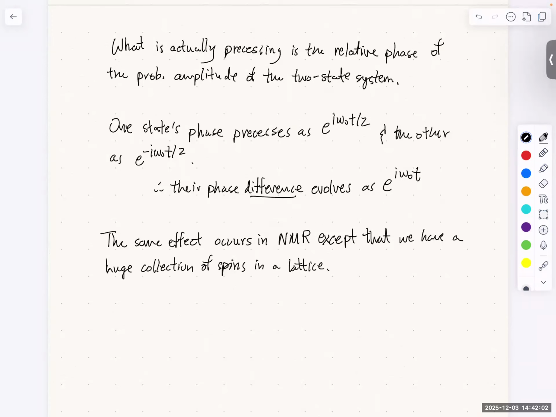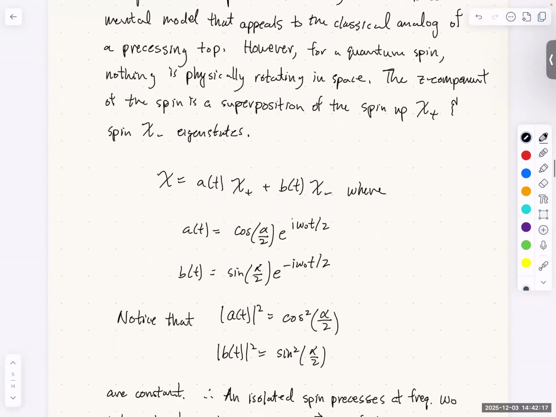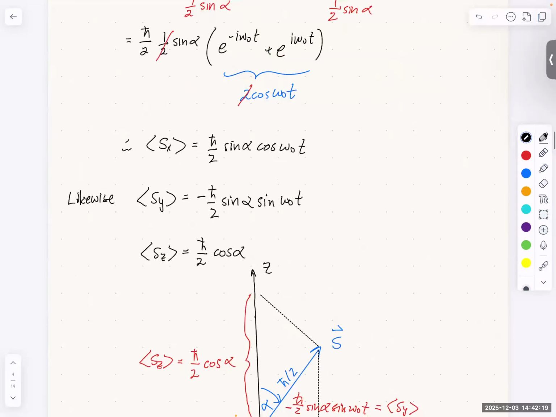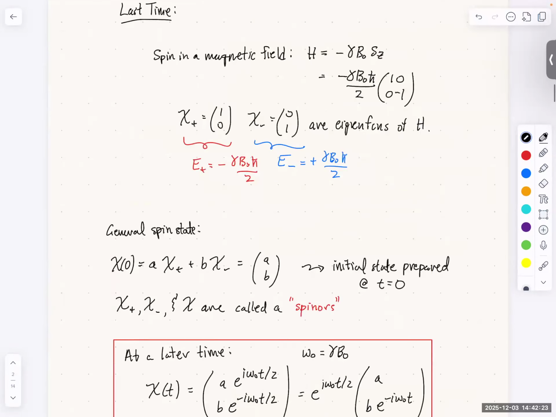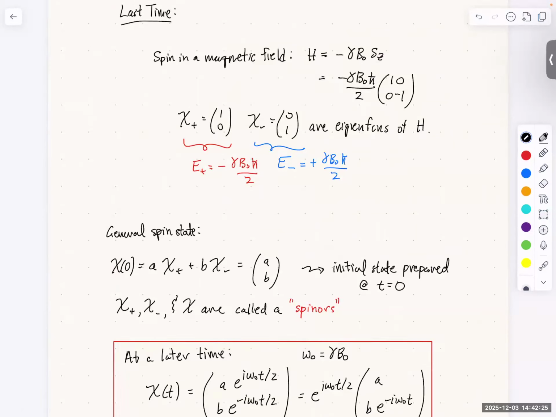So what they try to do in NMR or MRI is they try to prepare the system so that every single spin in the lattice starts out in the same chi-0 state.